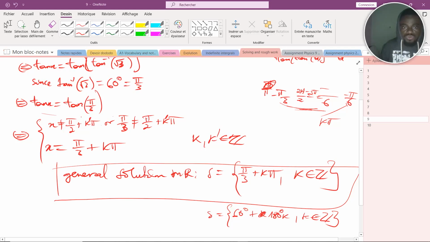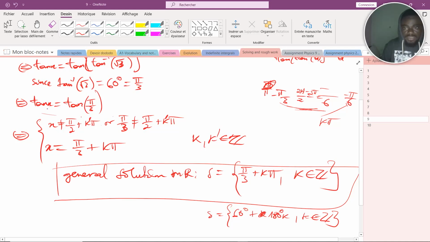Pi on 3 must not be equal to an odd multiple of pi on 2. X must also not be equal to an odd multiple of pi on 2. Is that okay?